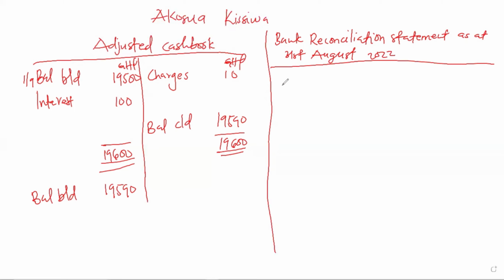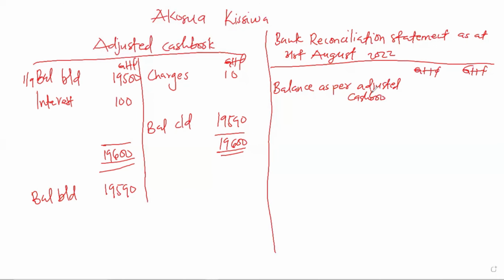Since it is a debit balance, we are going to start with balance as per adjusted cash book.